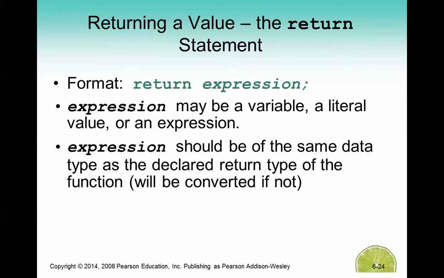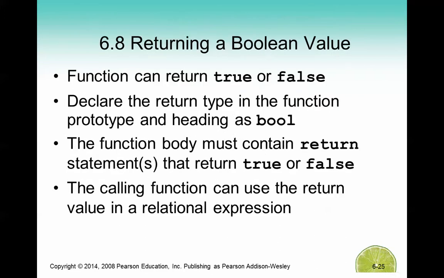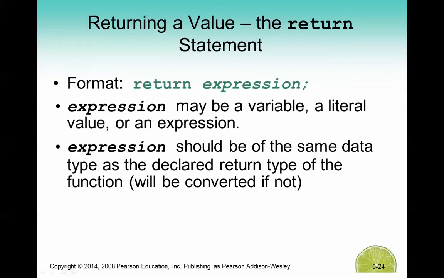If instead of void I put an int, but I'm going to be sending a floating point number, then we're going to have problems. If I'm going to be sending a character and I'm going to put an int, then we're going to have problems. So we have to be very careful what we're sending.